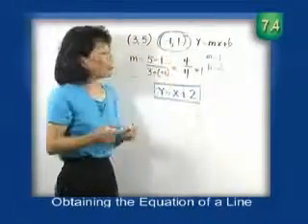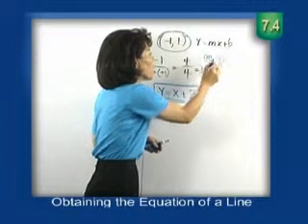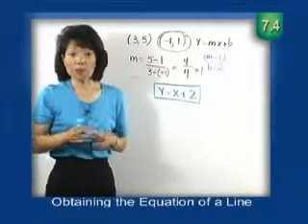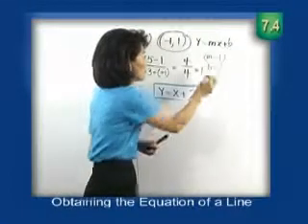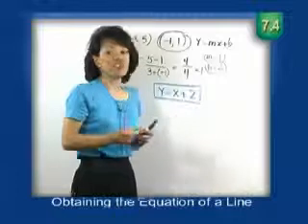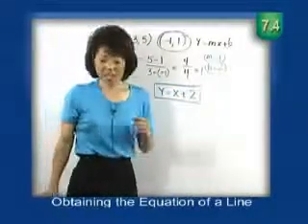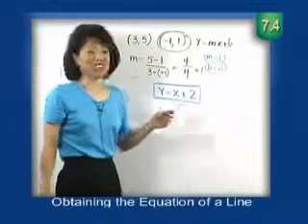In this case, we used -1, 1, and the fact that m is 1, substitute all those 3 values into the form y equals mx plus b, solve for b, which gave us the second piece of our puzzle. Take the values for m and b, substitute it into the form y equals mx plus b, and you finally have the equation of your line.